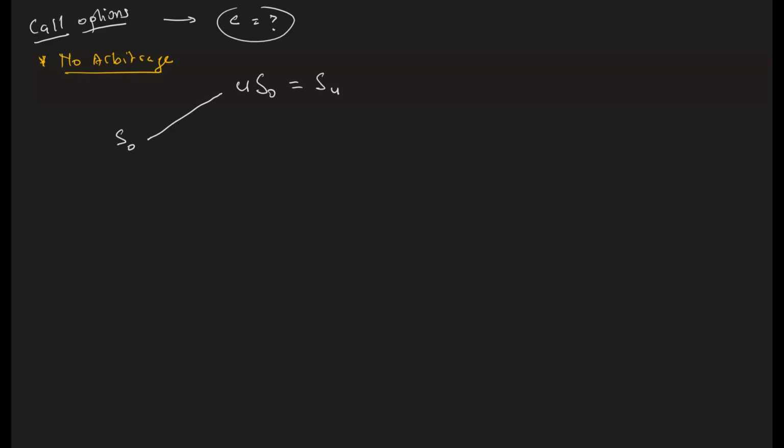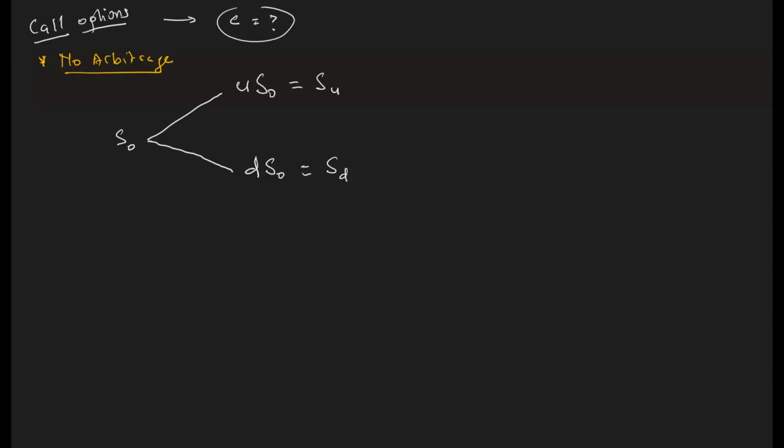Let's call that S up. And if it goes down, it's going to go down by a factor of D. We multiply D by S0, and we get the value of the stock if it goes down. Let's call that S down, which means stock down. That's what we have here for now.